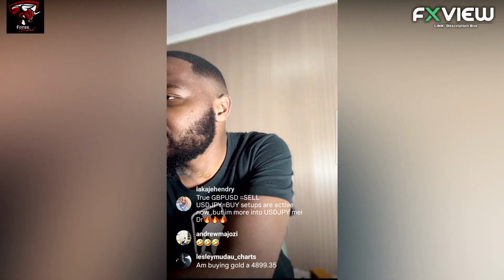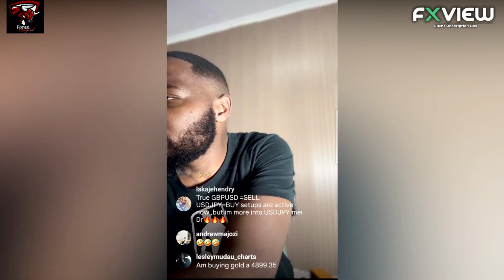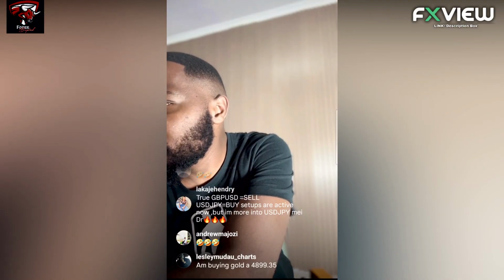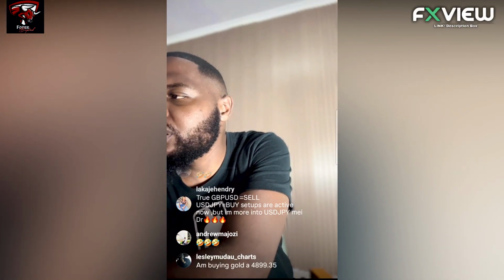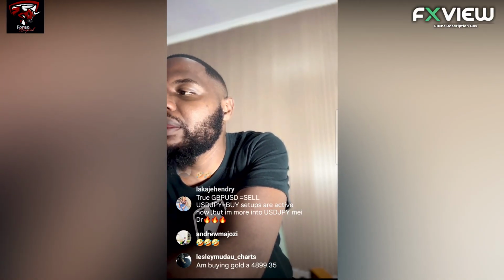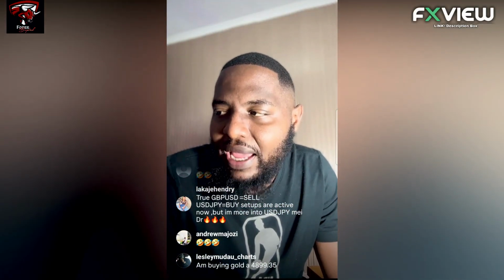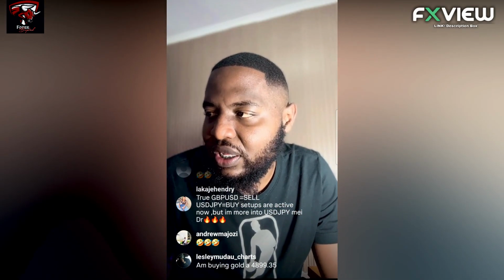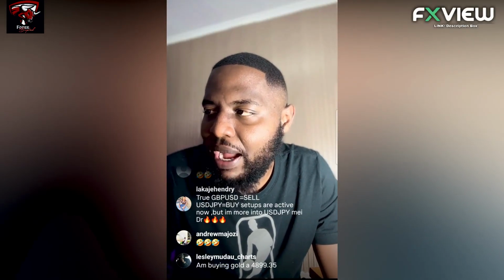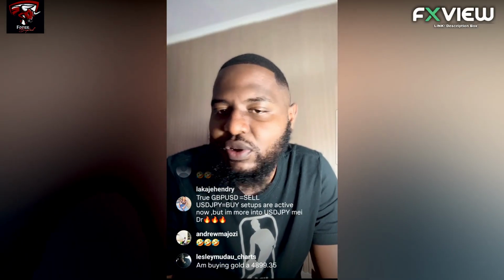So on US 30, we're waiting for that push. We're going to push a bit more higher, and then we're going to sell. The US 30 setup on the buying market is actually quite worth it. I would take the buys to the anticipated zone of entry towards the downside.